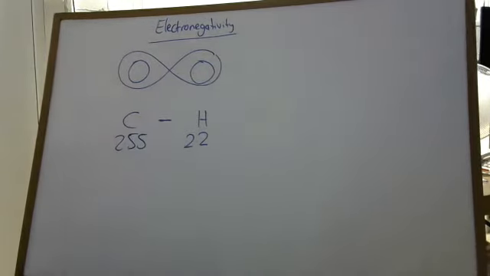So we know that carbon and hydrogen will evenly share the valence electrons.